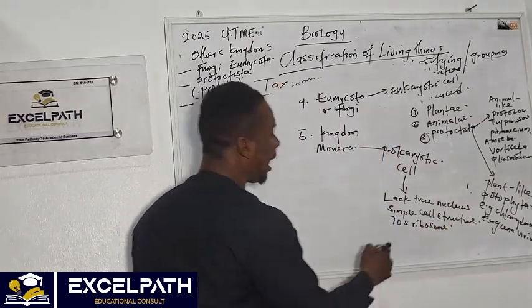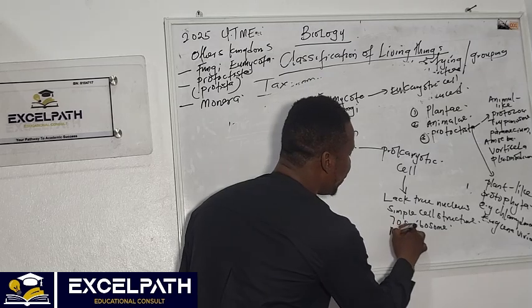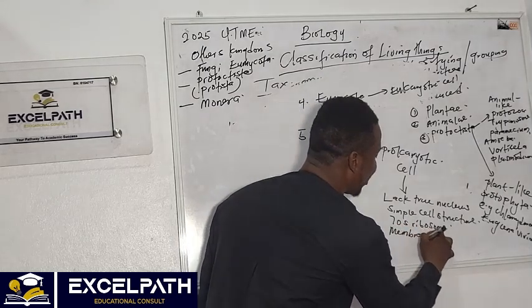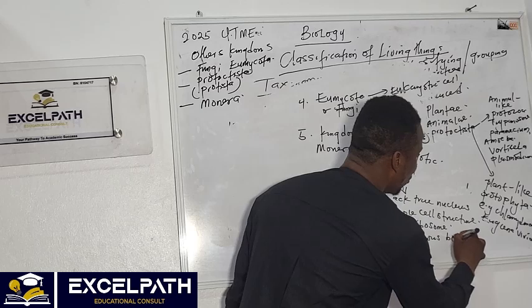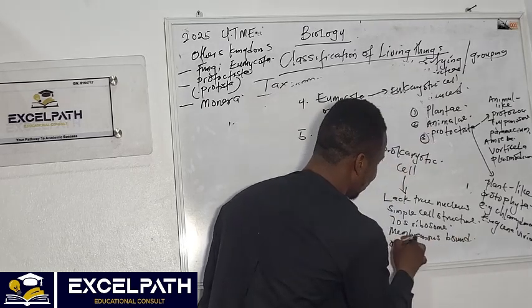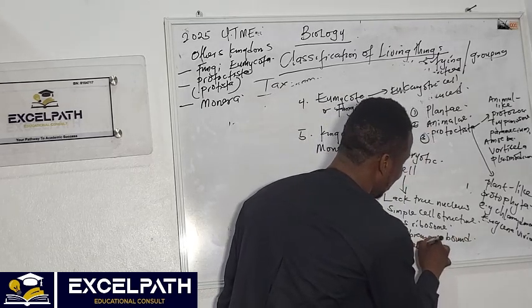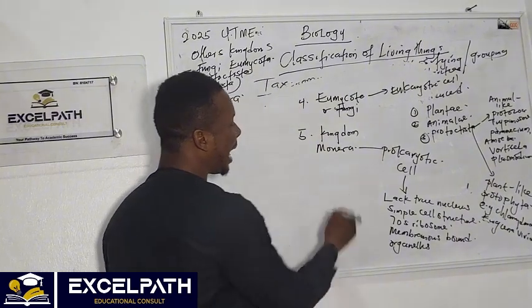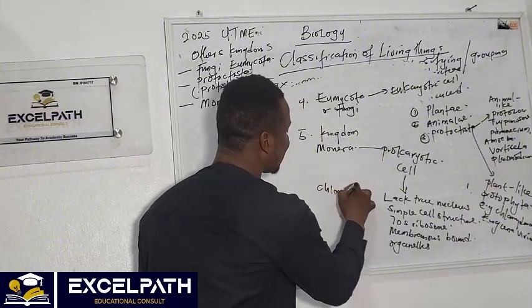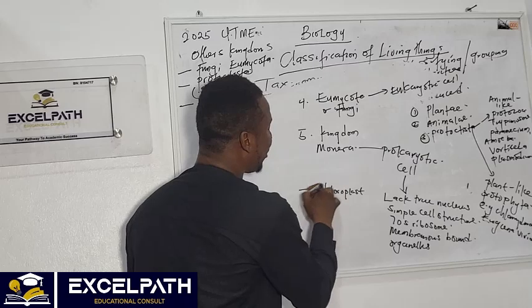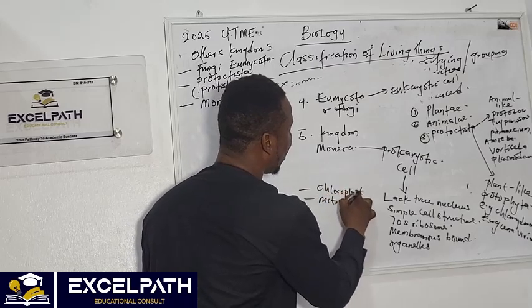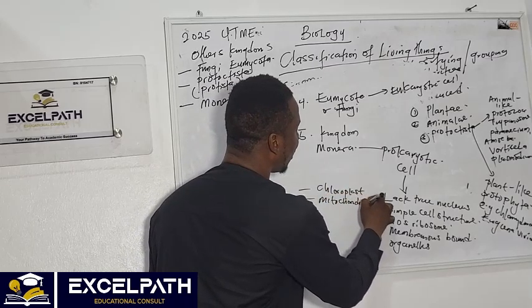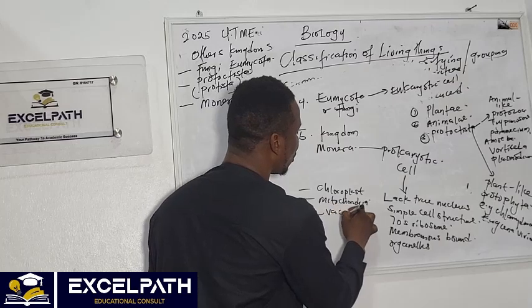The cells that lack membrane-bound organelles like chloroplasts, mitochondria, and vacuoles.